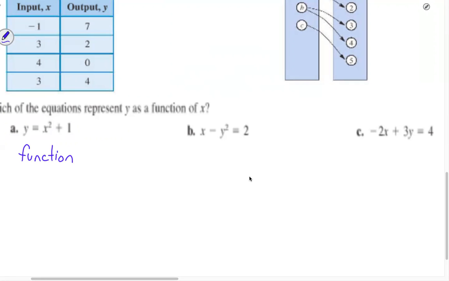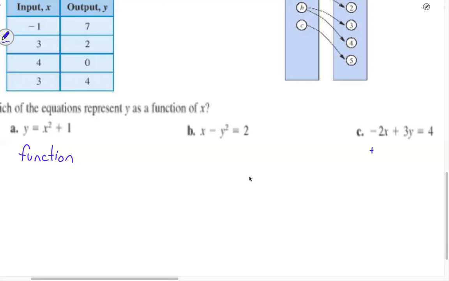So what they're trying to say is in A, y is by itself, right? So when I put something in for x, I'm going to get y out. So that's a function. That one's easy to see. Why is this one a little harder to see? Can I write that as a function? Yeah.